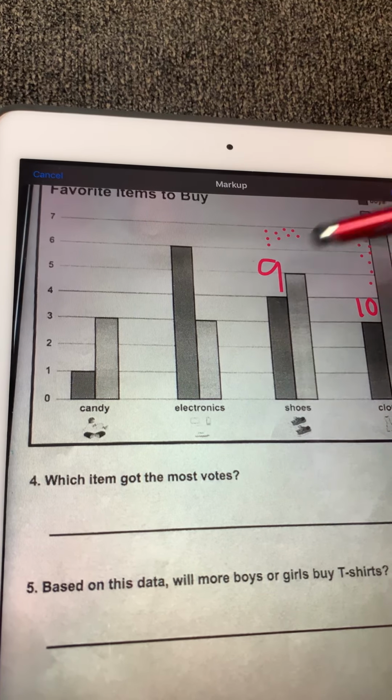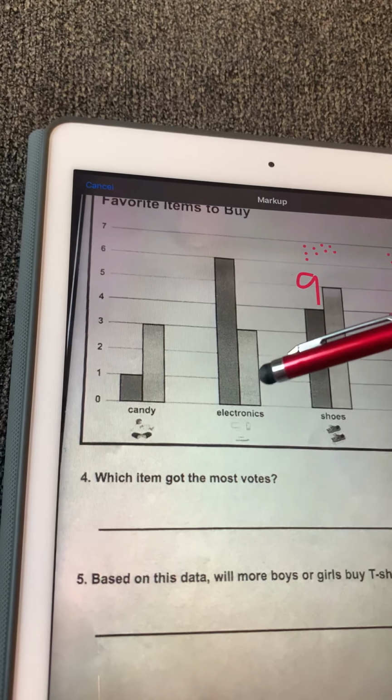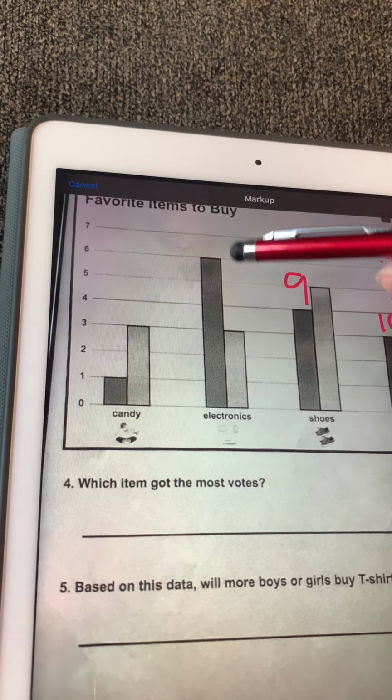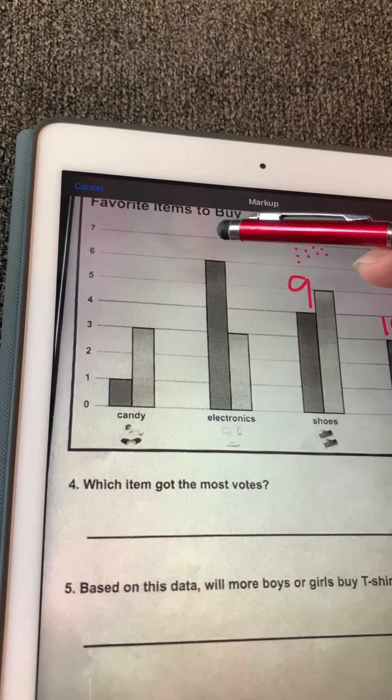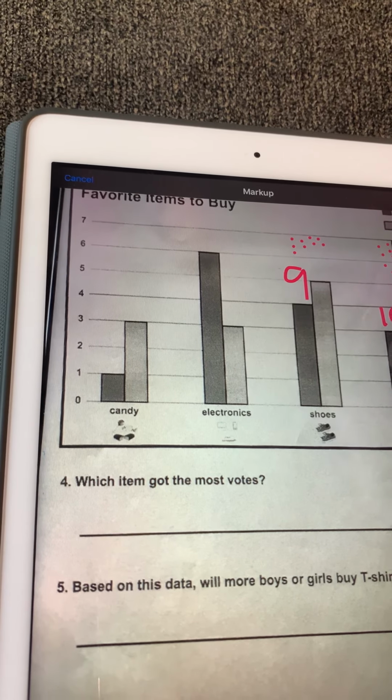So that's our 9. Okay, in electronics, we have 6 for boys and 3 for girls.